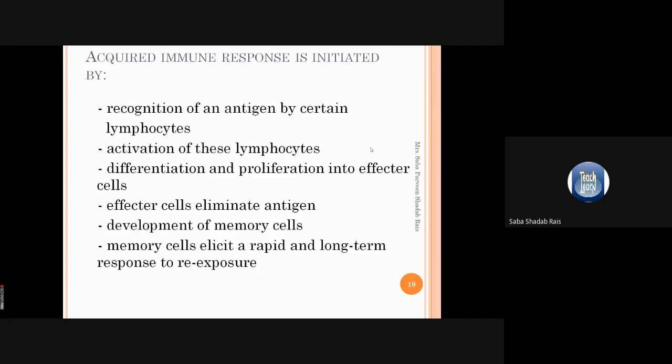This is a generalized mechanism which helps the effector cell to eliminate the antigen. But sometimes, especially when the T lymphocyte, the cytotoxic T cells, which are also called T killer cells, are involved, they sometimes kill the self cell.